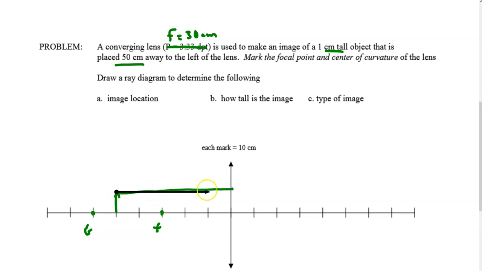So I'm going to come in parallel. And again, I'm standing at an awkward angle, so I'm going to assume that's parallel. I'm going to put an F for reference right there. Okay, so let me go back to that. And it should then bend through F. I'm just going to extend that out.